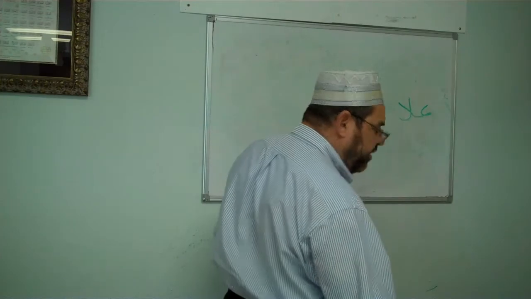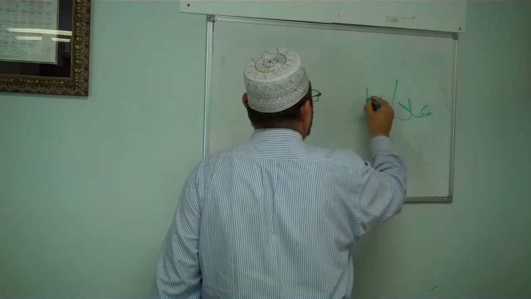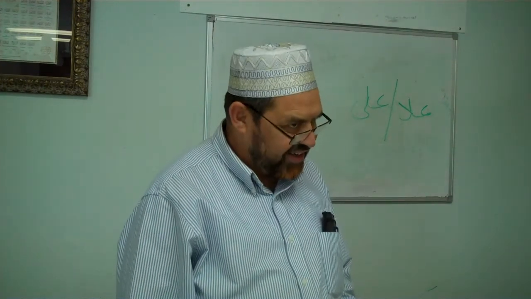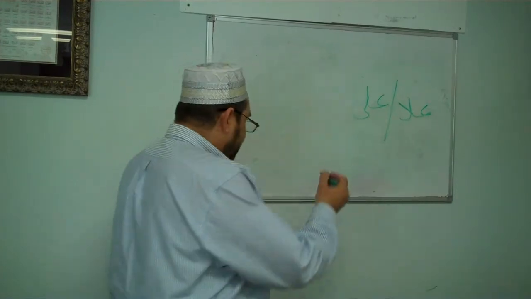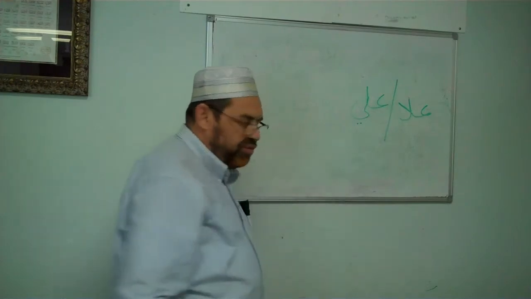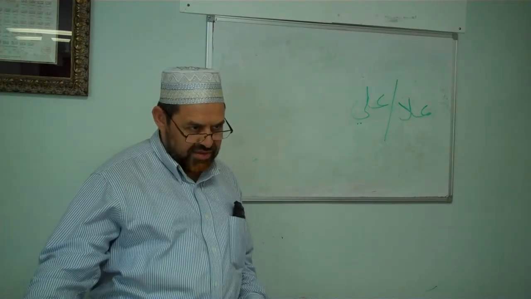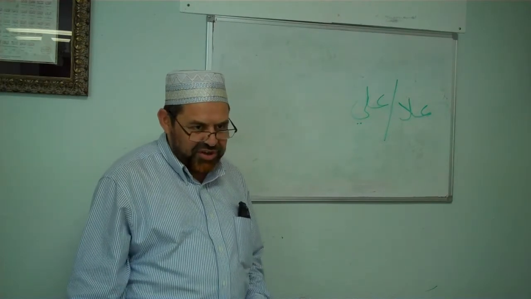Instead, you write it with alif maksura. It's like Ali. And the name Ali will have the dot. For Ali, you will put the dot, and if you do not put the dot, it depends on the context. Okay. If you are saying ala tawila, you will not read Ali tawila.